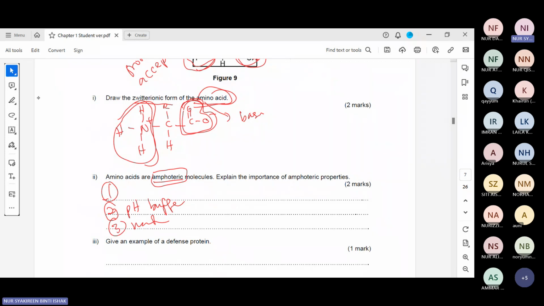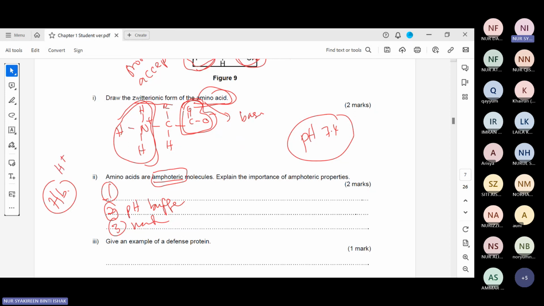Contohnya kita punya darah, kan, our body fluids, especially your blood, it has to be maintained at pH 7.4. How to maintain this pH? Your blood will have so many different protein, especially hemoglobin. Hemoglobin ni sebenarnya dia boleh bind kepada hydrogen ions.